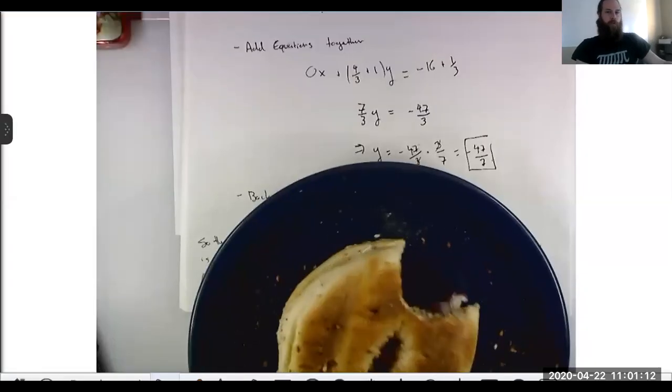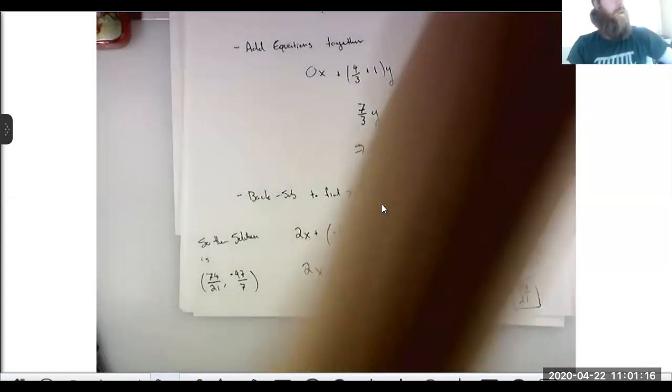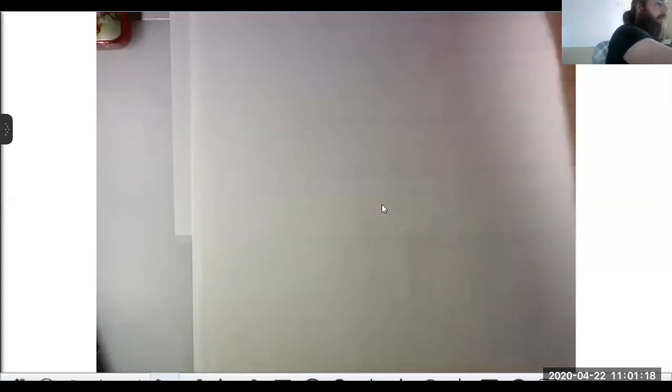So hopefully everybody else here is ready to rock and roll, and we can talk a little bit more about systems of equations. You do not need to see my bagel, but you do need to see the mathematics.